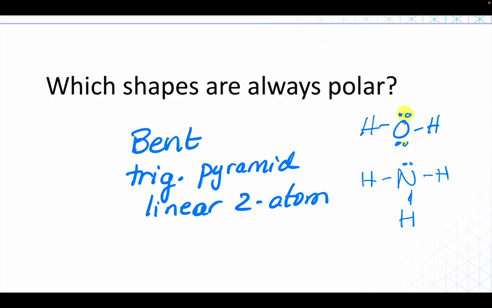So these are lone pair electrons, then it's always going to be polar. And then the linear, if you have two different elements, they'll be polar also. And when we do molecular polarity, we don't really calculate the bond polarity.